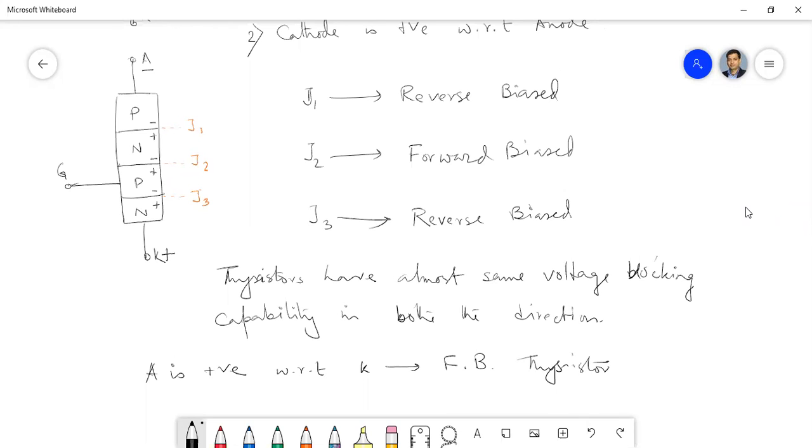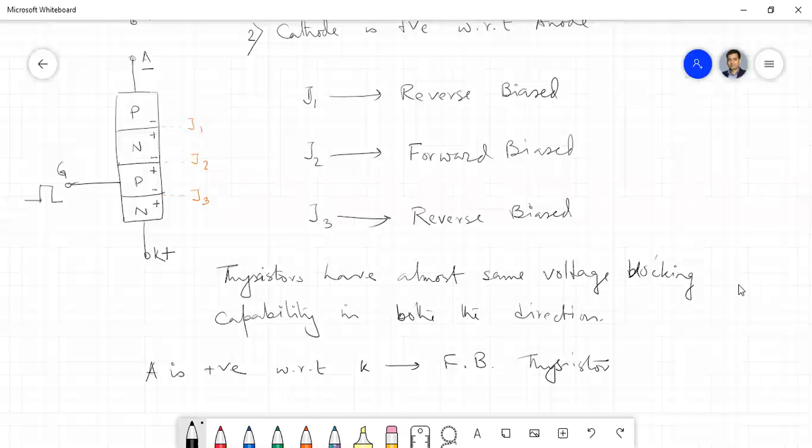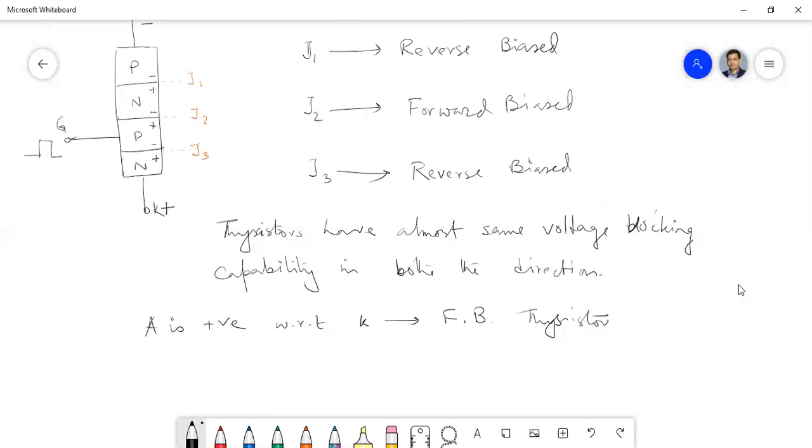Now, in this condition, if we apply a voltage pulse in the gate, then we don't need any continuous voltage. Remember this point. We don't need any continuous voltage in the gate.